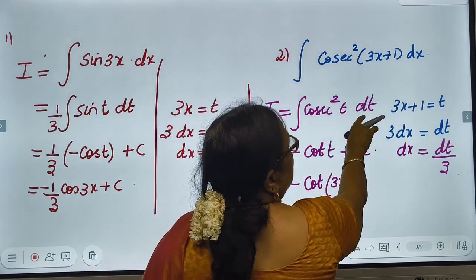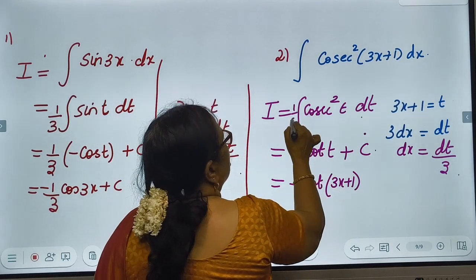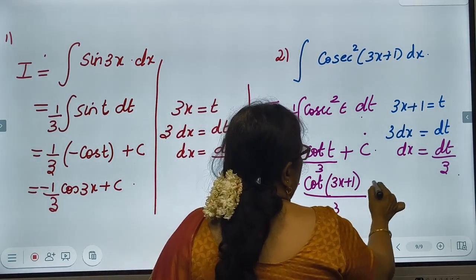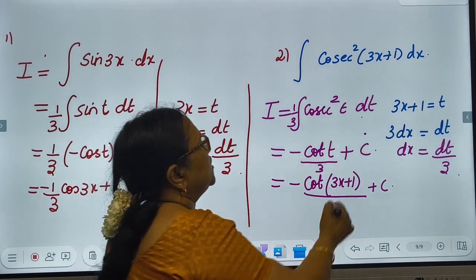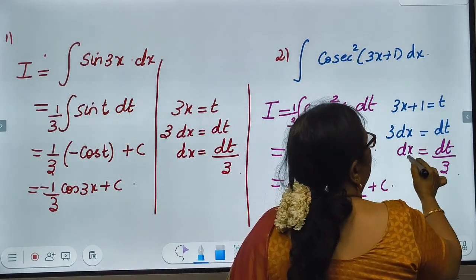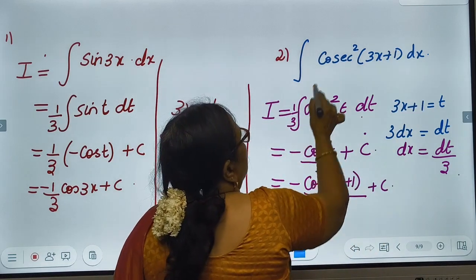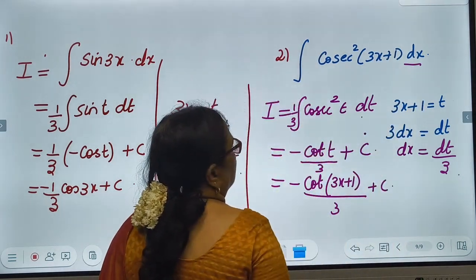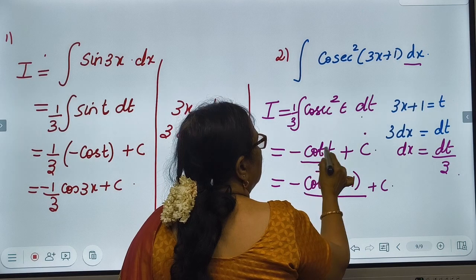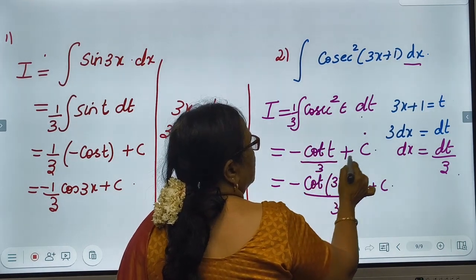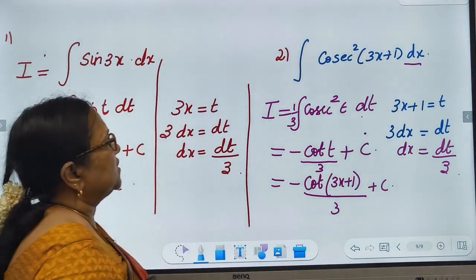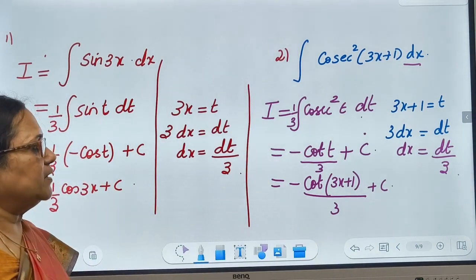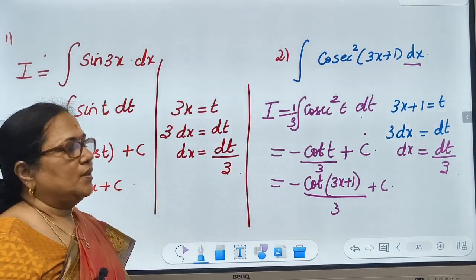Here I have to write, sorry, when I said dt by 3, this is 1 by 3. See, 3x plus 1 is t, 3 dx is dt, dx is dt by 3. So this is the integral of cosecant square t dt by 3. The integral of cosecant square t is minus cot t, and there is already the 1 by 3, plus c. Substitute back for t as 3x plus 1. So minus cot of 3x plus 1, by 3, plus c.